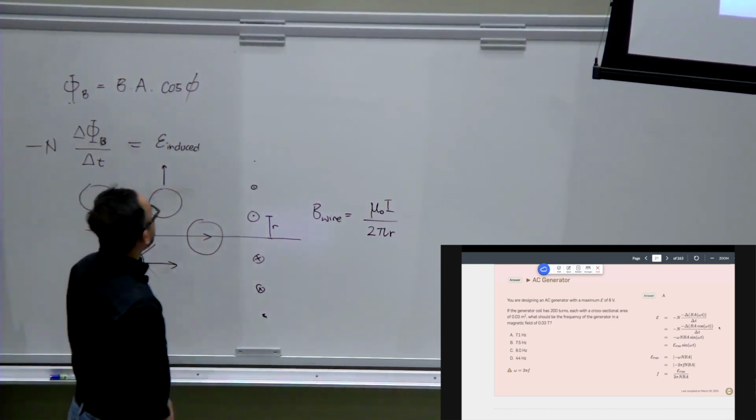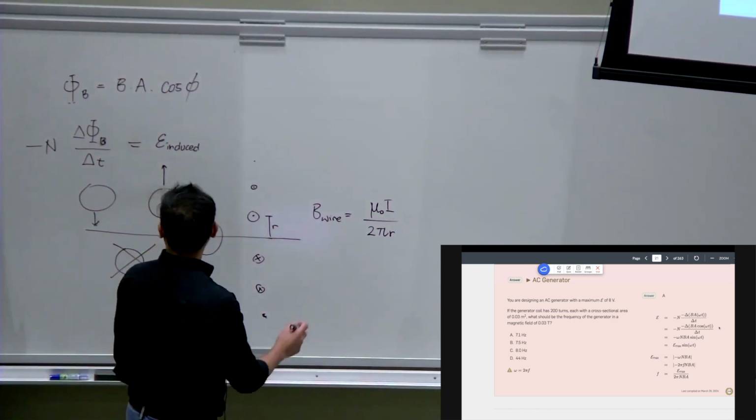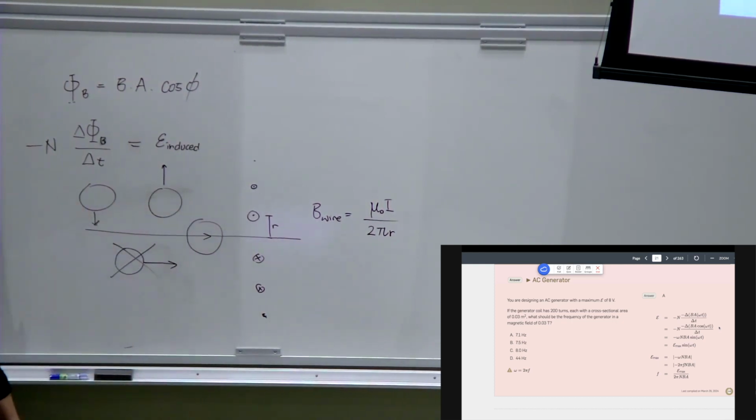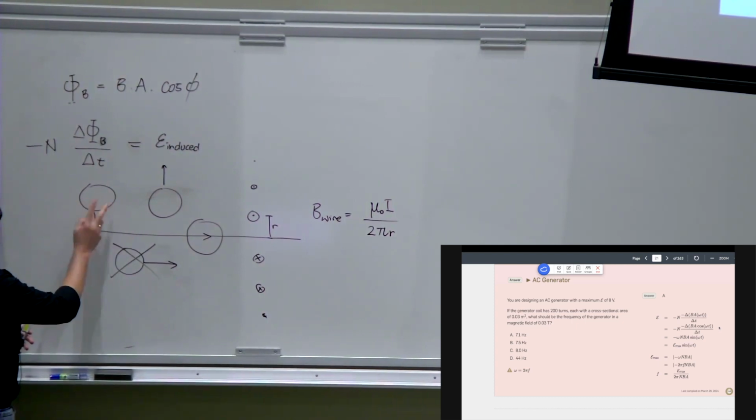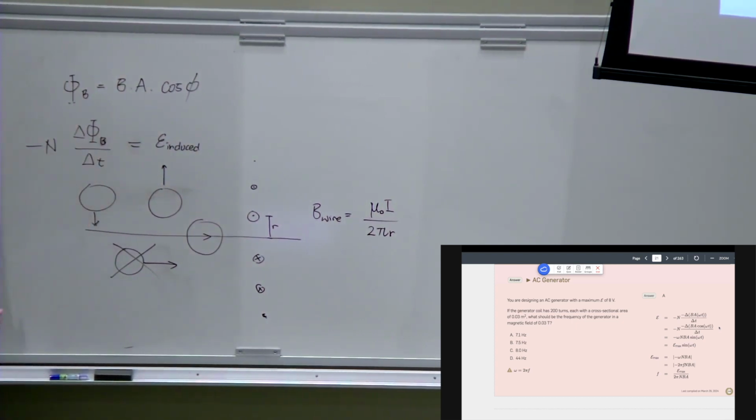All right, but for AC generator, the ring actually rotates. So you can also rotate the ring, and basically the math is the same, but the physical realization is different.